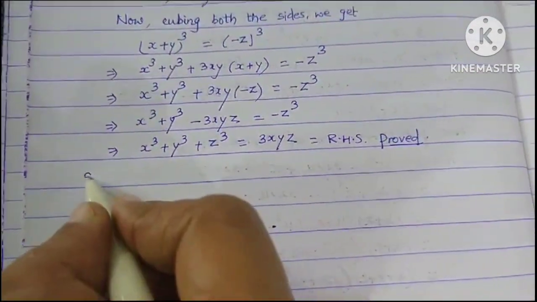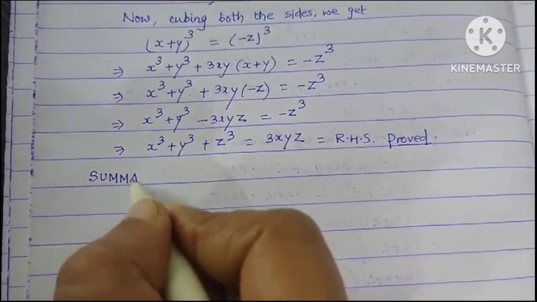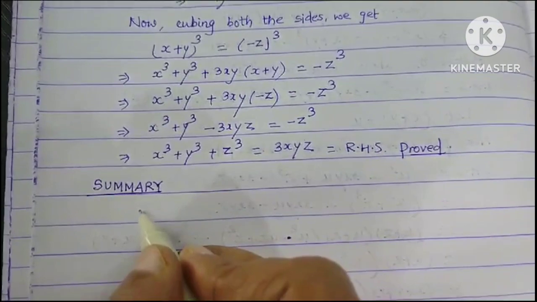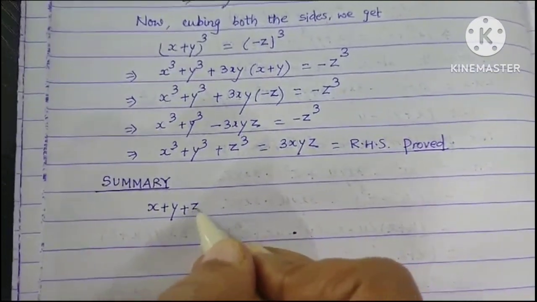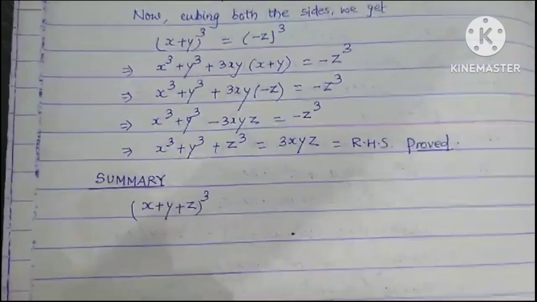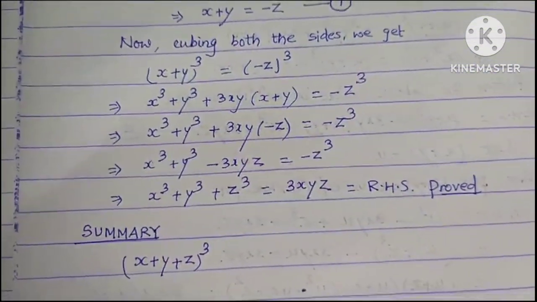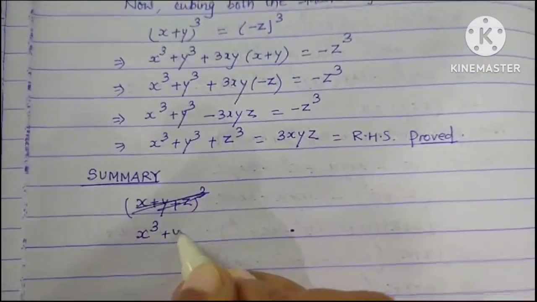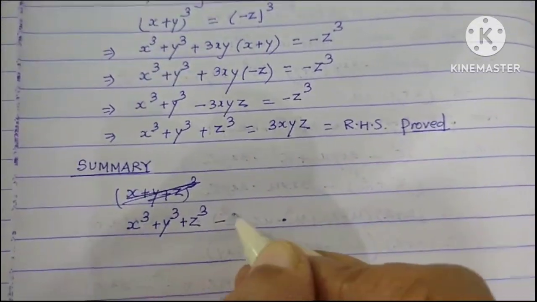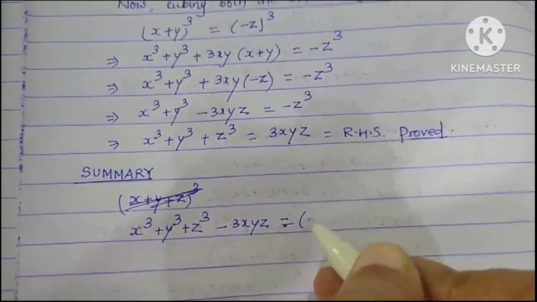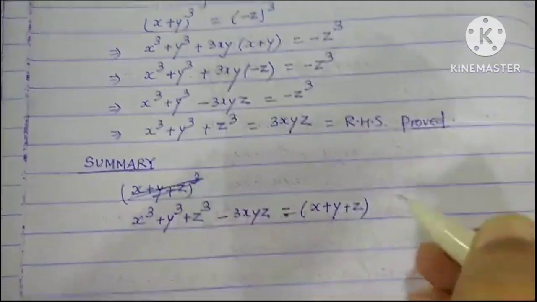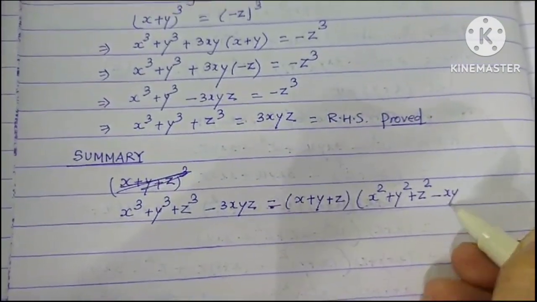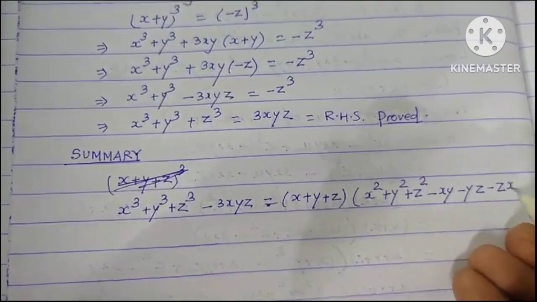So basically, just write the summary here. The summary is, we have seen the proof of two equations, two theorems. The first one was x cube plus y cube plus z cube minus 3xyz is equal to x plus y plus z times x square plus y square plus z square minus xy minus yz minus zx.